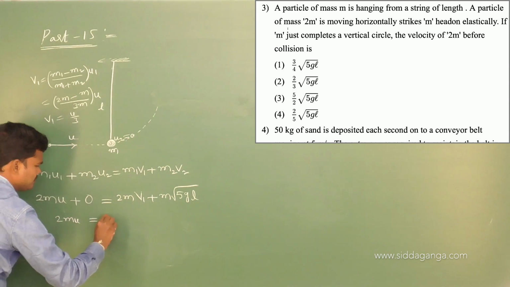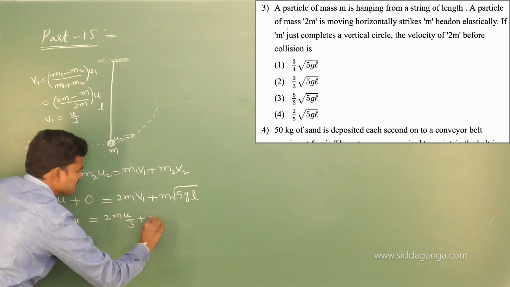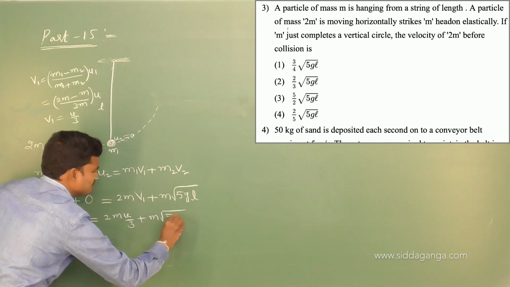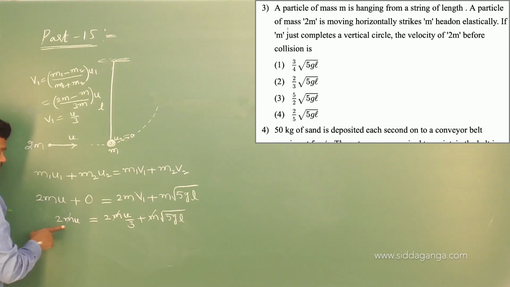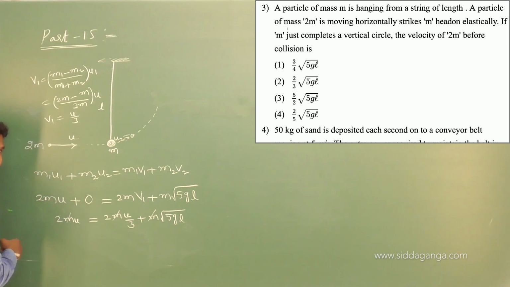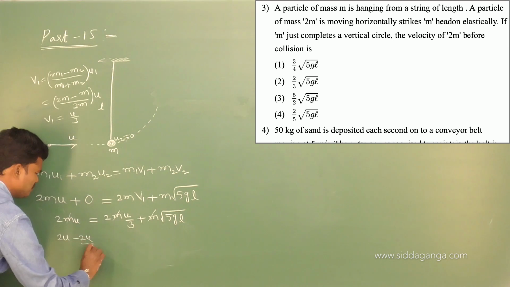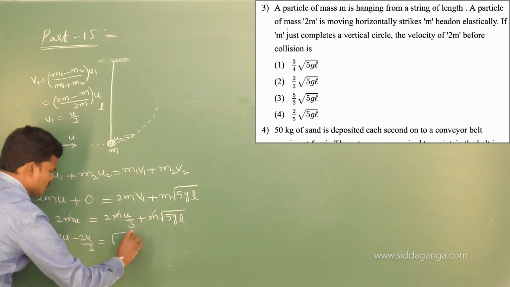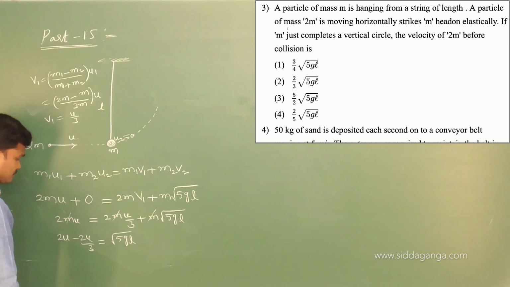So 2mu equals 2mu by 3 plus m root 5 g L. Strike off m on both sides: 2u equals 2u by 3 plus root 5 g L. Take 2u by 3 to the left: 2u minus 2u by 3 equals root 5 g L. Target is to find out u.